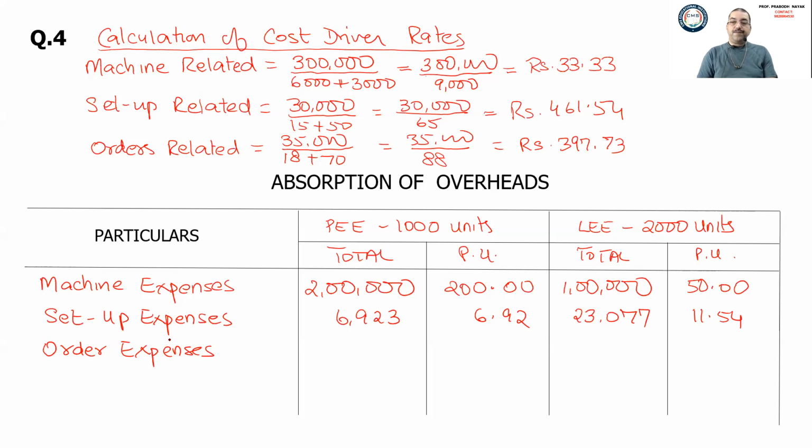Order expenses. 397.73 into 18 is 7,159. Per unit 7.16. 27,841 divided by 2,000 is 13.9. Take the total.